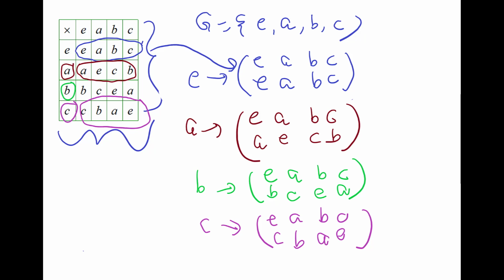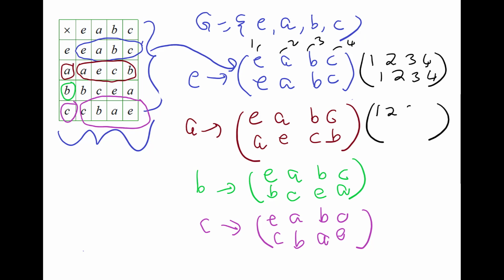We can again write it, if we want, as 1, 2, 3, 4. Here we shall take a choice, then stick with this. So we got 1, 2, 3, 4, and then 1, 2, 3, 4. Here we got 1, 2, 3, 4, and then 2, 1, 4, 3. Here we got 1, 2, 3, 4, and then, no, I made a mistake.